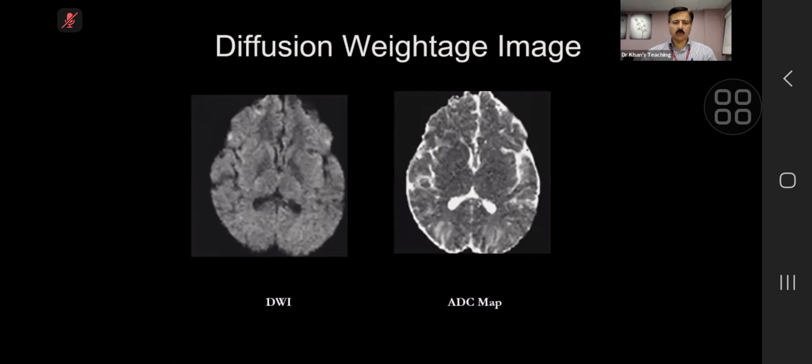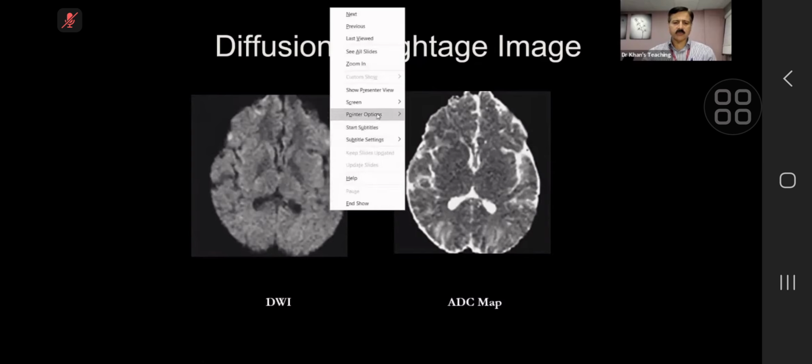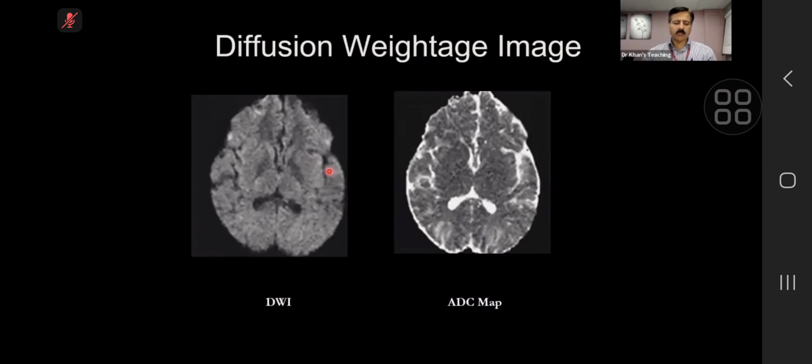In mouse models, it has been documented to pick up acute infarctions within 10 minutes, and in human beings, maybe 25 to 30 minutes. Diffusion, I am not going to go into physics, but the point is that whenever you see a diffusion weighted sequence, there will be a DWI sequence and there will be an ADC map.